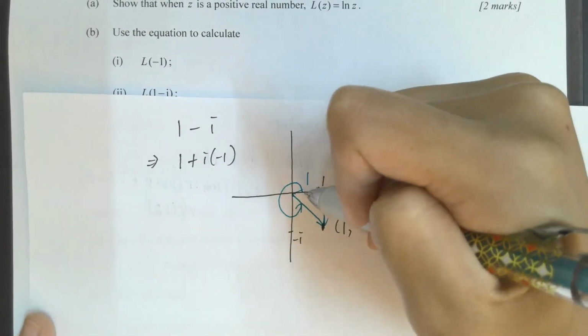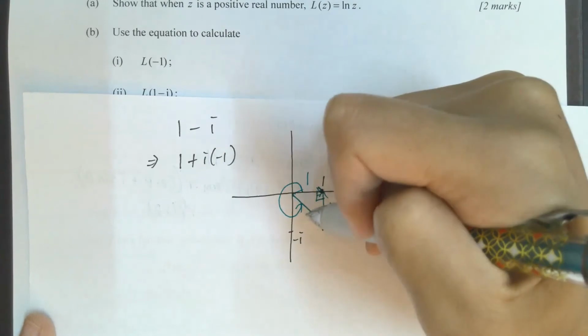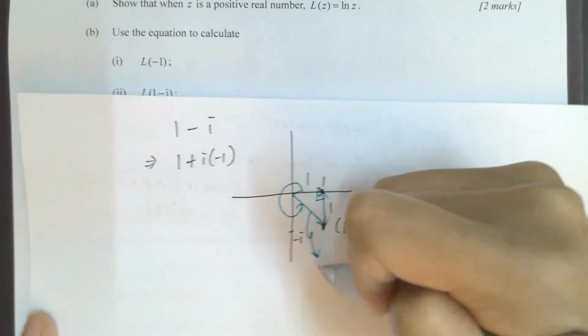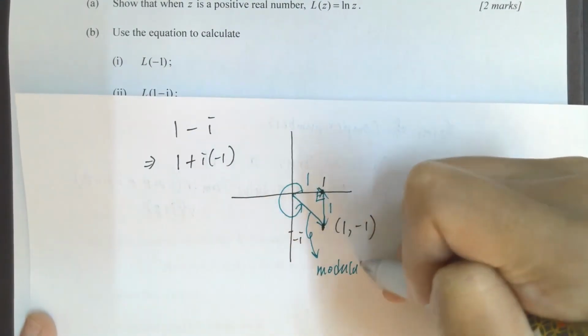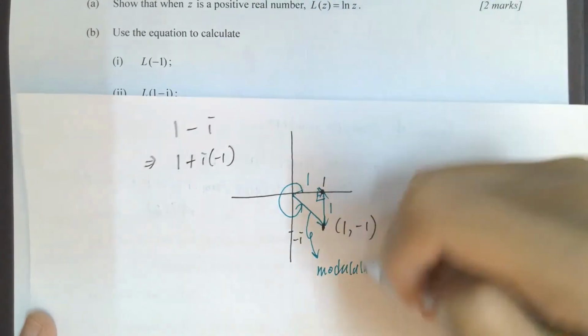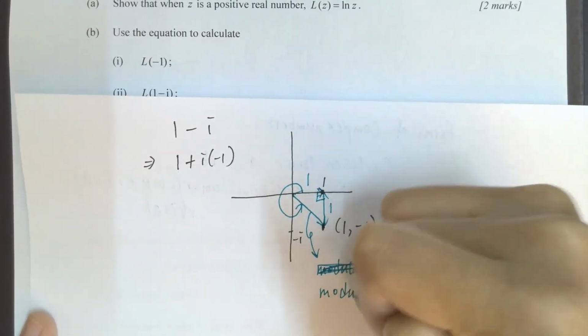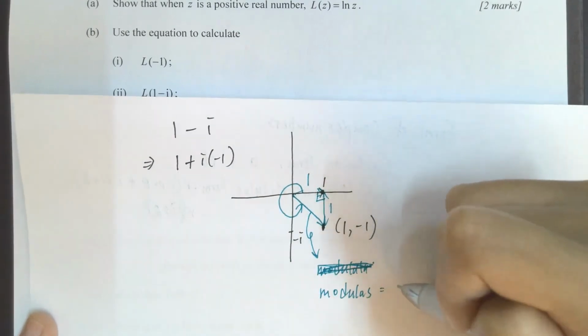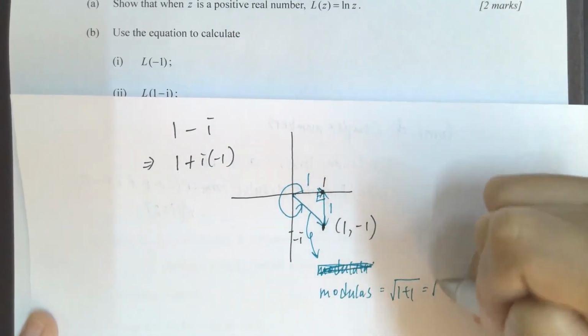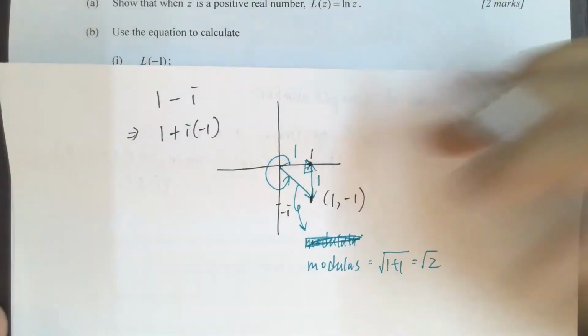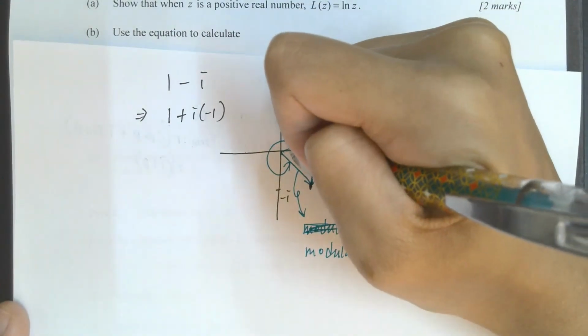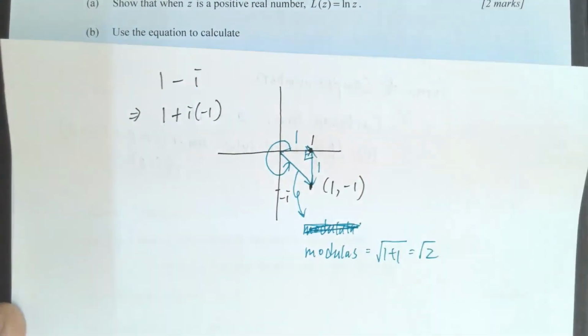So what can we do? First of all, the radius, the modulus, is going to be the square root of 1 plus 1. Of course, that's just the square root of 2. And then the angle here is going to be 45 degrees, which is pi over 4.